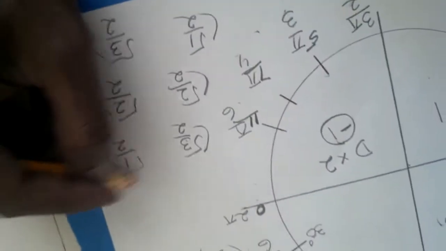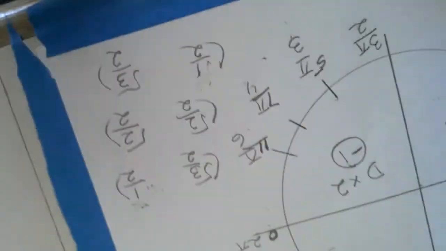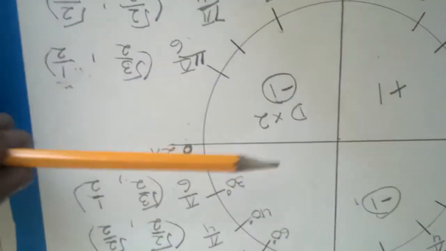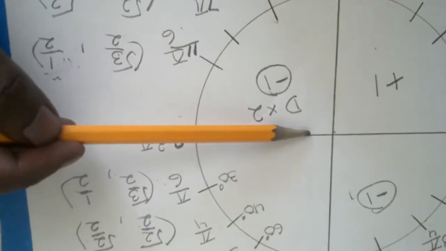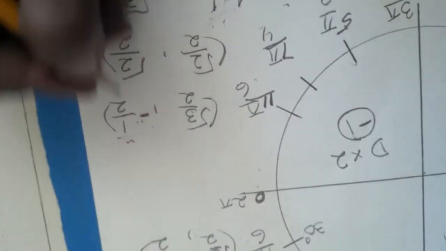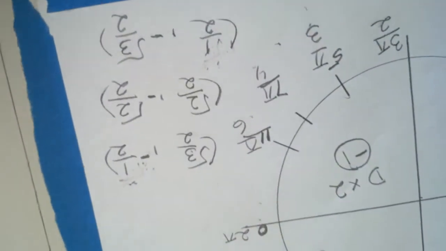Well, we don't really need to do 1. Now the only thing left to do is, since it's below the x-axis, all our y values are going to be negative. Just like that.